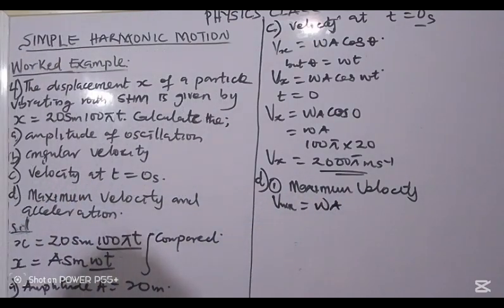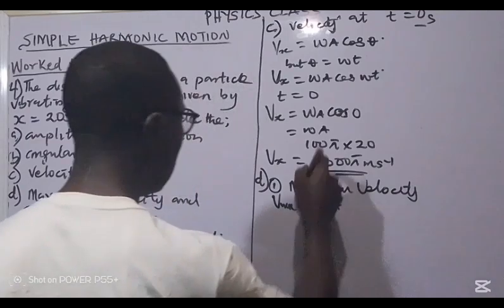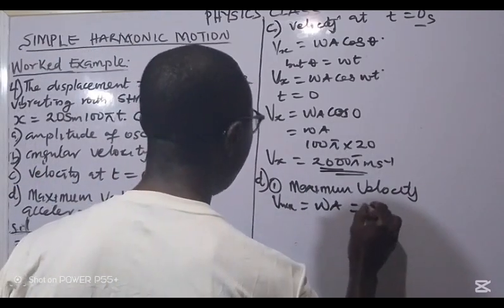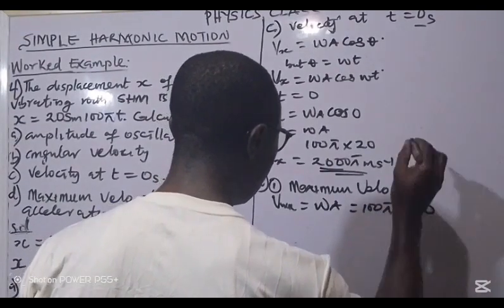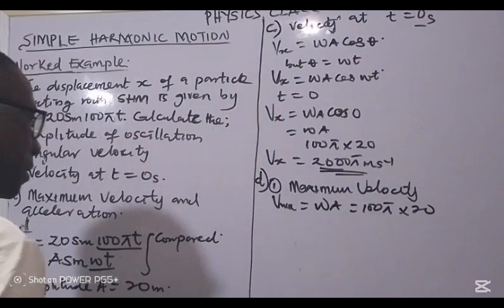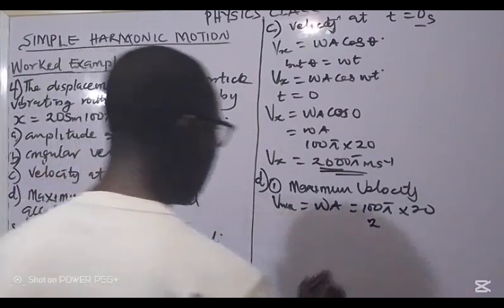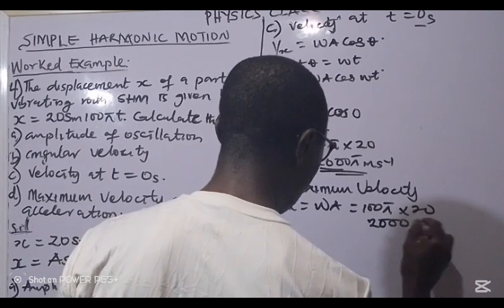Since we have calculated it on the board, that will be 100 pi multiplied by 20. So the same thing with the horizontal component velocity, that's 2000 pi meter per second.